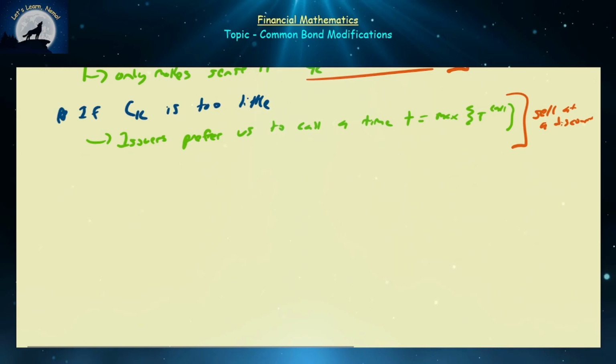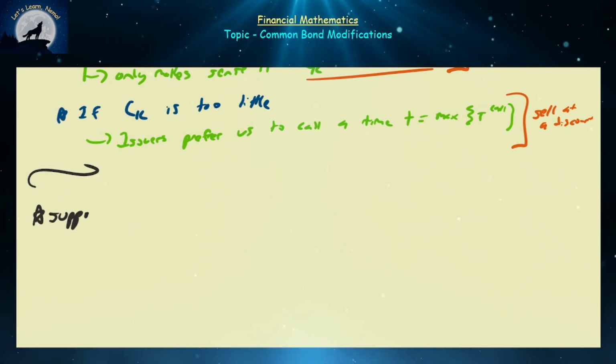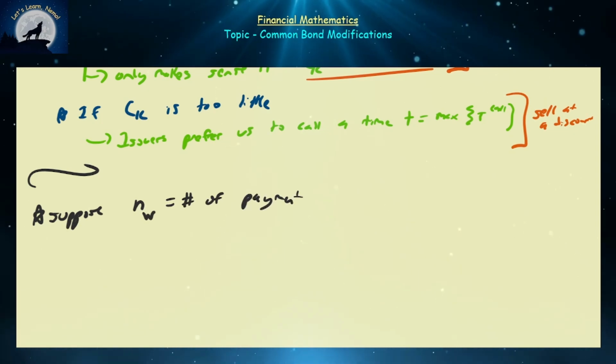So one last formula, and that pretty much wraps things up. So let's suppose that NW, that's a W, even though it doesn't look like it, is equal to the number of payments until we call, right?